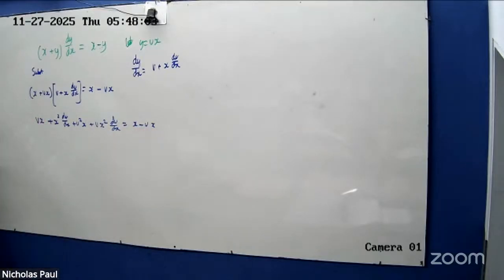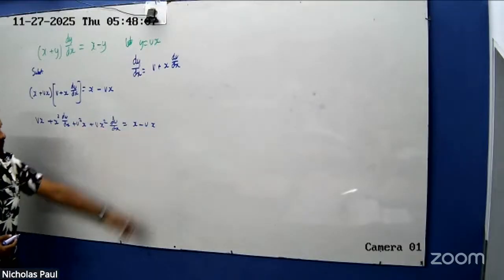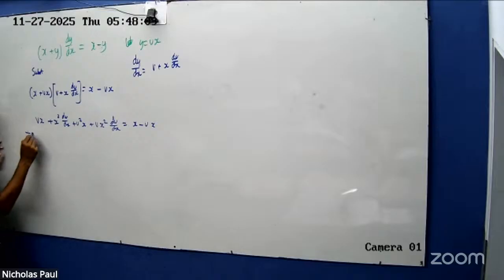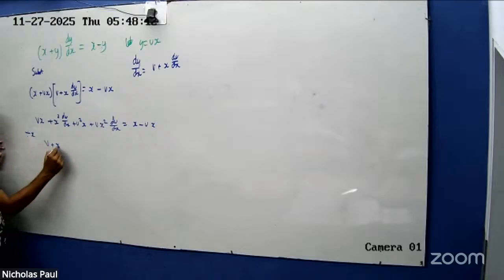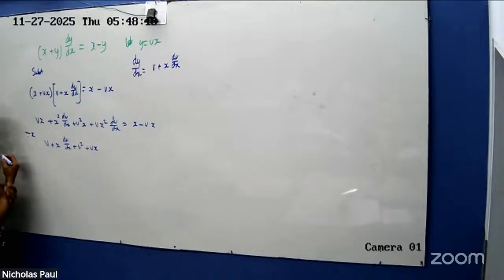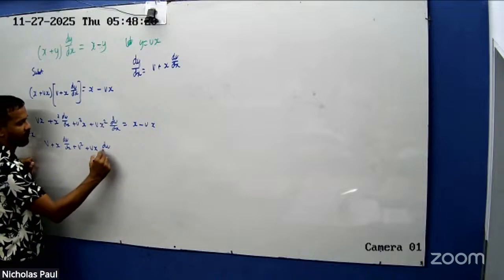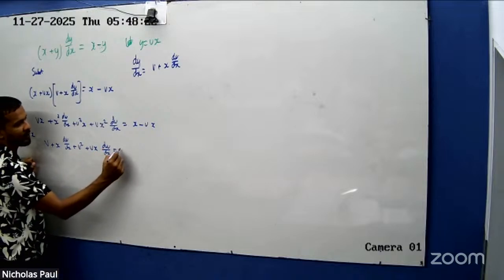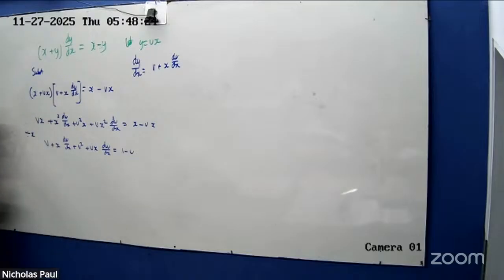Let's do that. Divide everything by x. So we can divide everything by x, so we'll get v plus x dv dx plus v squared plus vx dv dx is equal to 1 minus v.